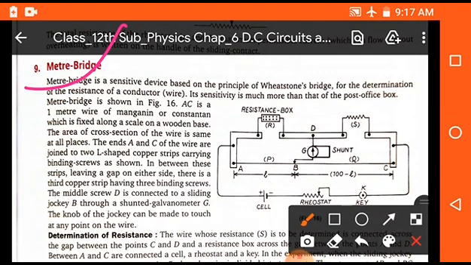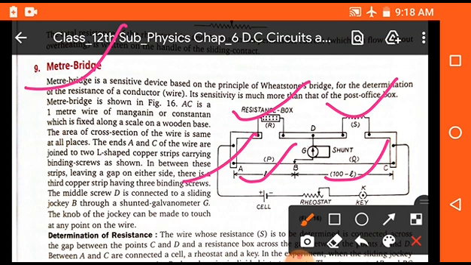So here there are four resistances: R, S, P and Q. And there is a wire AC of length 100 centimeter. First of all, we will divide this wire into two parts: AB, whose length is small l, then the length of BC part will be 100 minus small l.